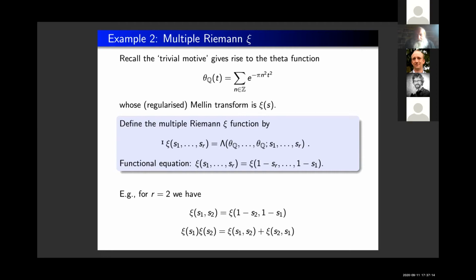You could call this function the multiple Riemann psi function, because in the case r equals 1, it gives the function that Riemann defined. And it satisfies this functional equation here: psi of s_1 up to s_r is psi of 1 minus s_1, up to 1 minus s_r.